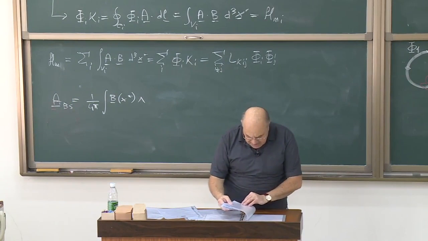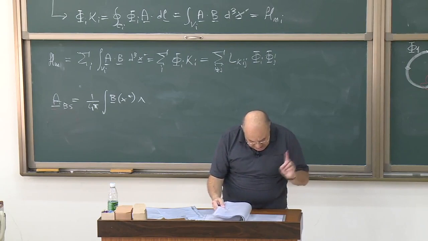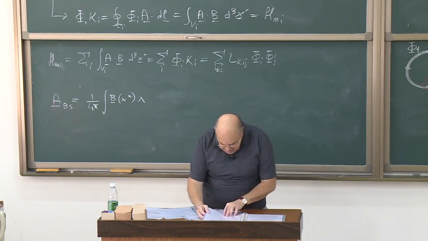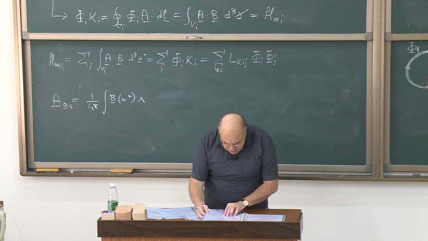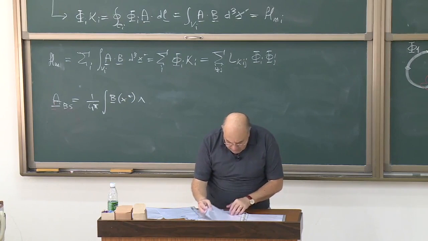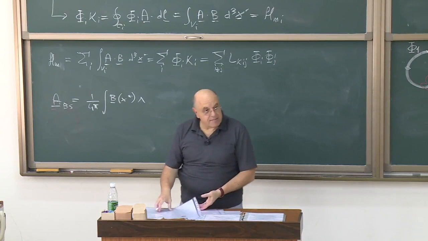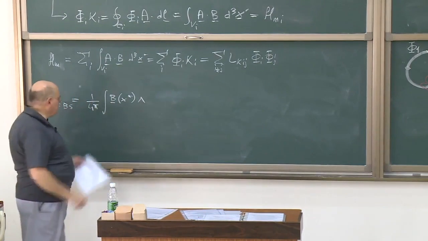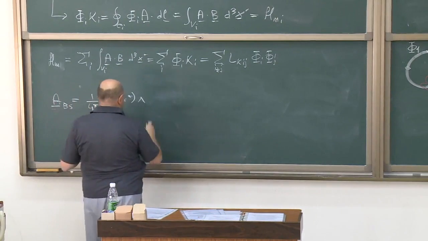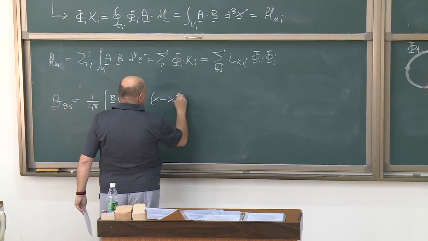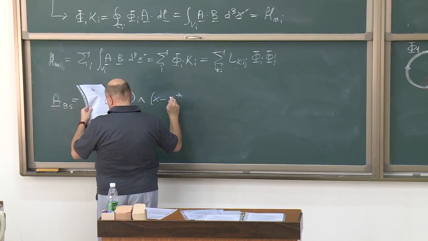Probably the Biot-Savart law for vorticity has a minus somewhere that doesn't click with what I'm writing. If you go to chapter 1.78, there is a minus to correct there, I think, because we have to start with the field, or at least this is the way I remember it. X minus X star.